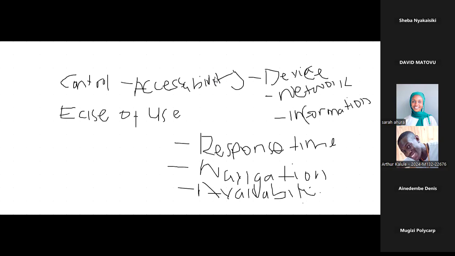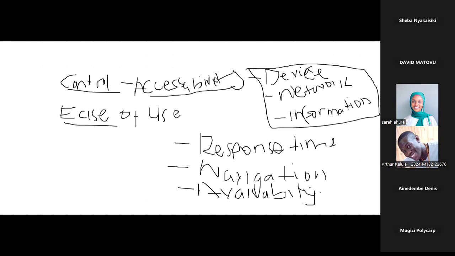Now, already you can see control, if they've said accessibility, we know control is a variable, and so is ease of use. So we already know what will appear on the survey or the questionnaire, the things we shall ask the respondents as far as ease of use is concerned.